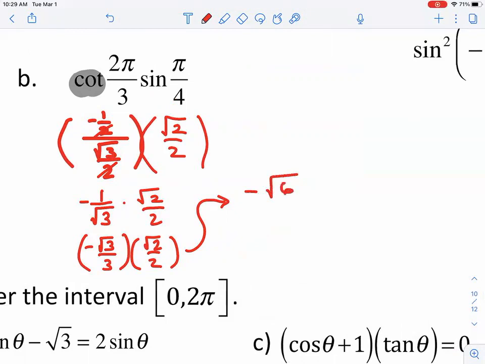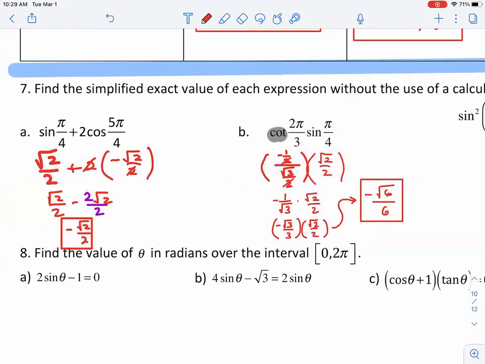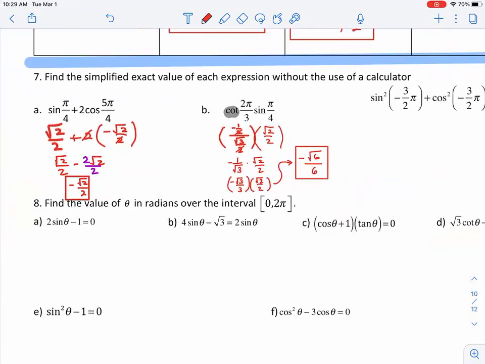Giving me a final answer of negative root 6 over 6. Okay, any questions on 7 before I move on to 8?